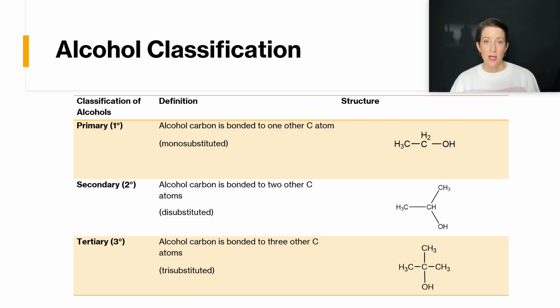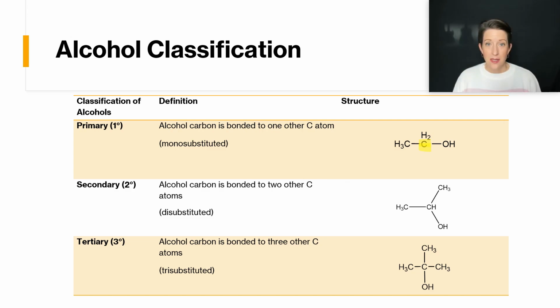The specific carbon we're going to be looking at in our alcohols is the carbon that is directly bonded to the hydroxyl group. We are going to call that the alcohol carbon. With our primary alcohols, the alcohol carbon is the carbon that's directly bonded to that hydroxyl group. We want to look at how substituted that carbon is going to be.